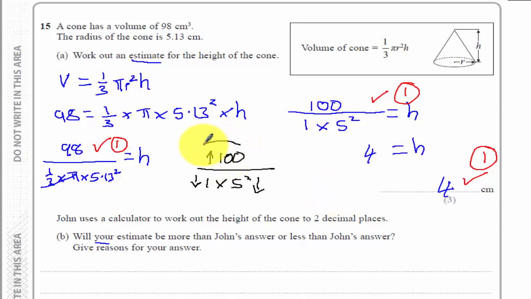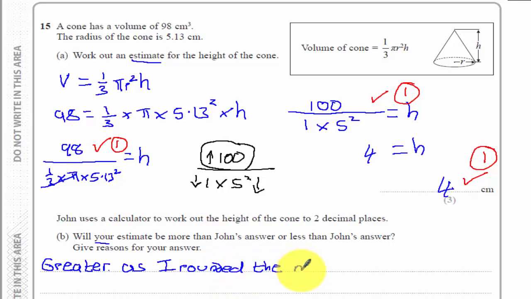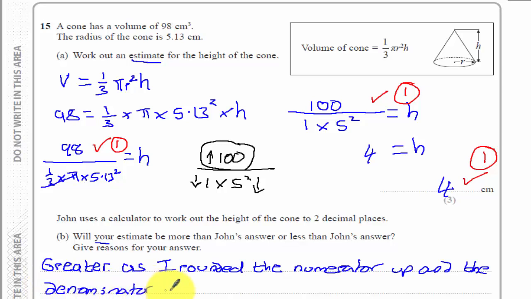Add into that, I've rounded my numerator upwards. My estimate is going to be more. So it's greater, my answer will be greater, my estimate will be greater as I rounded the numerator up and the denominator down.